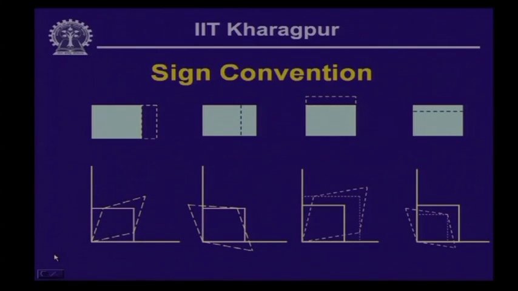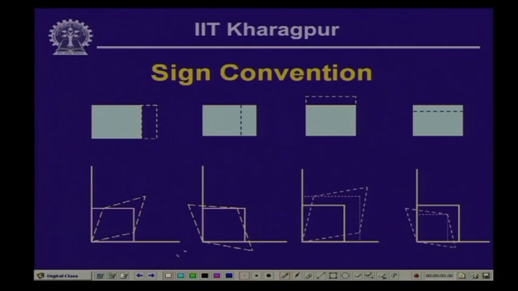In these figures, let us say this is a small element of length dx, at a point where the member is undergoing strain. This is the extension, and if the strain in this direction is epsilon x, we write this as epsilon x dx. This is elongation, and we call this a positive strain.